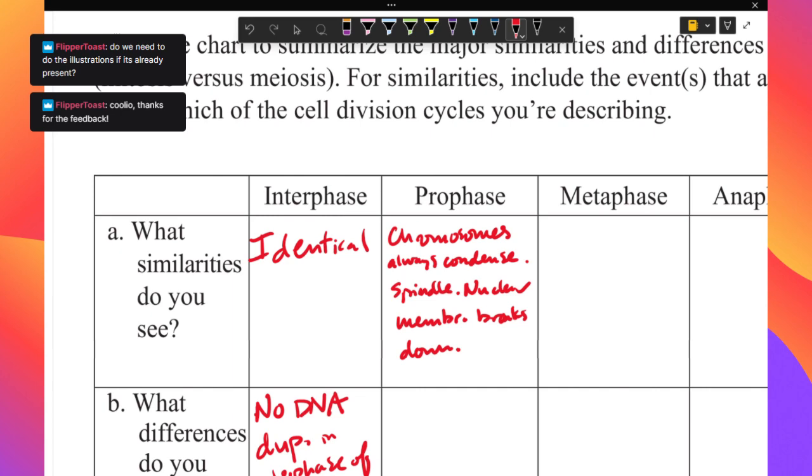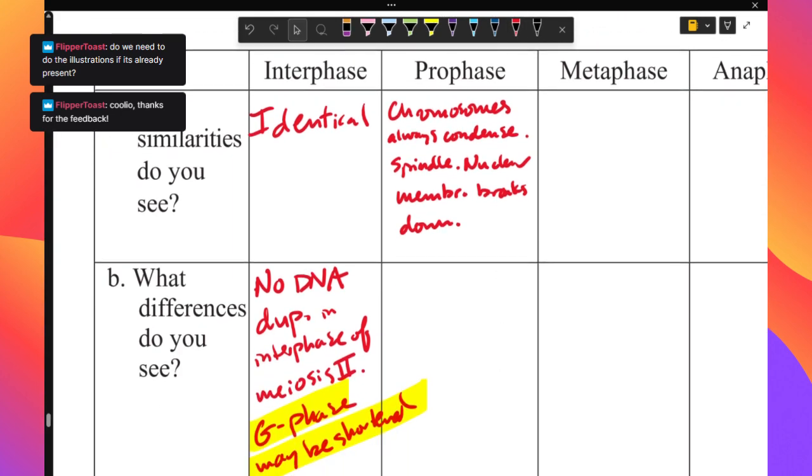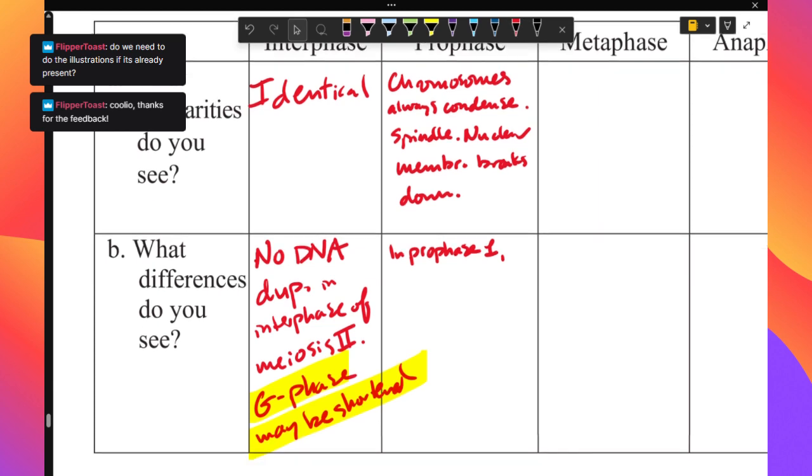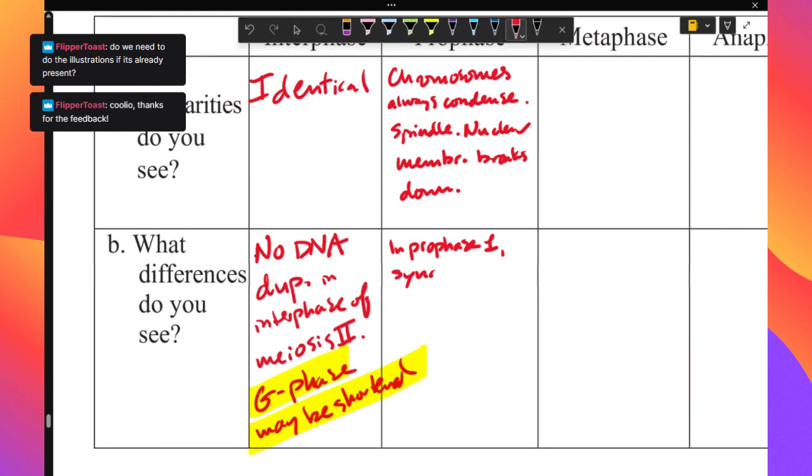Those things always happen. In prophase 1, homologous chromosomes synapse. You get synapse.